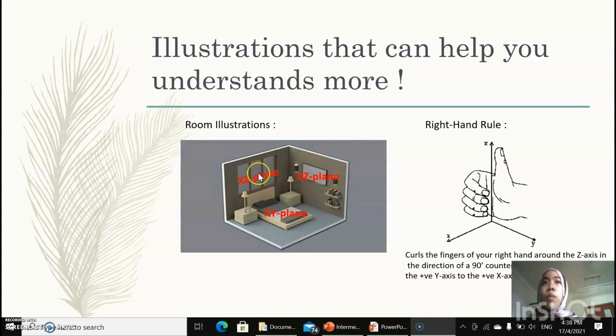We will go into planes more after this, but I just want to make you clear about the plane. Simply, one wall can be the xz plane, another wall is the yz plane, and the floor will be the xy plane. So that's the room illustration.